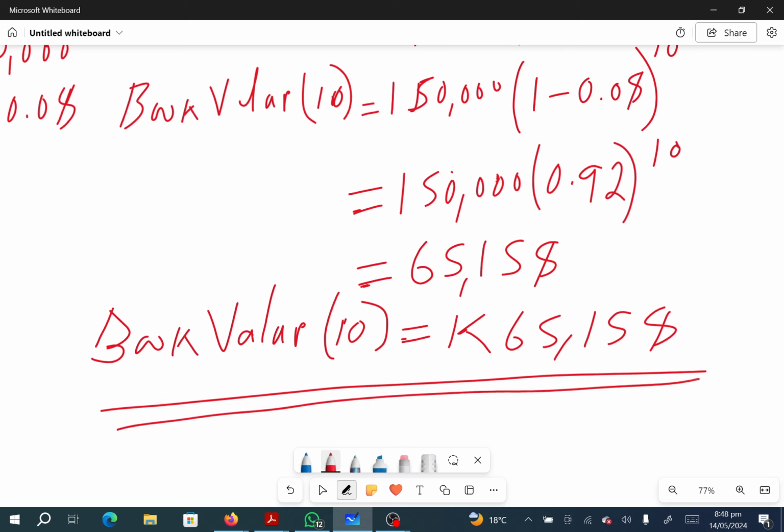This is the book value at 10 years, the one they are asking us to calculate.